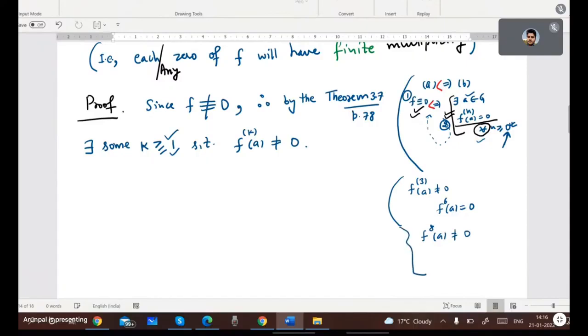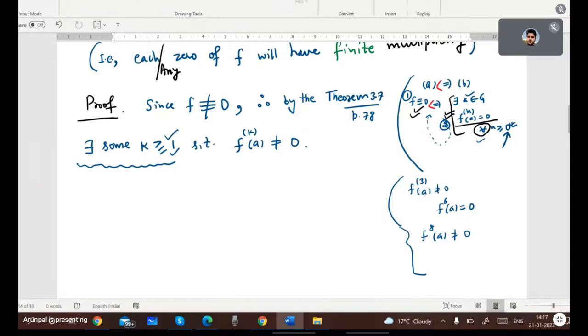We may have something like this, because this statement is only saying that there exists some k such that the kth order derivative at a is non-zero. This is telling us nothing about what can happen to the derivatives of order after k. Yes or no, class? It is just saying that there exists some k.